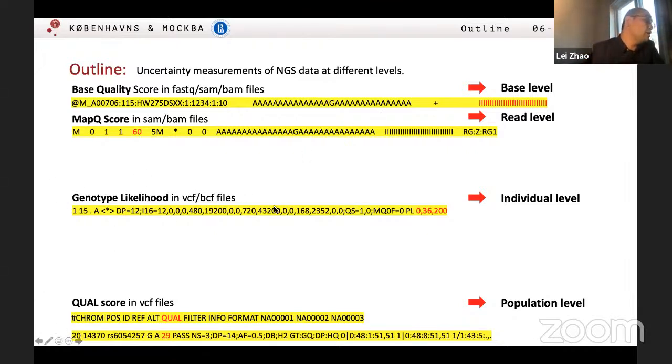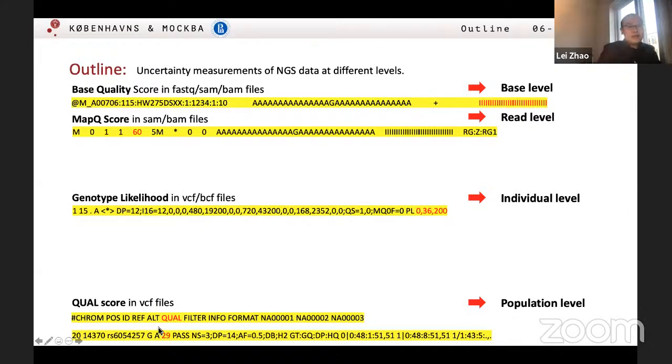And you also get the genotype likelihood, which may be 3 integers, and it is at the individual level. It tells you how likely this individual has a certain genotype at this site. And finally, you have the QUAL score, which you can also find in the VCF files.